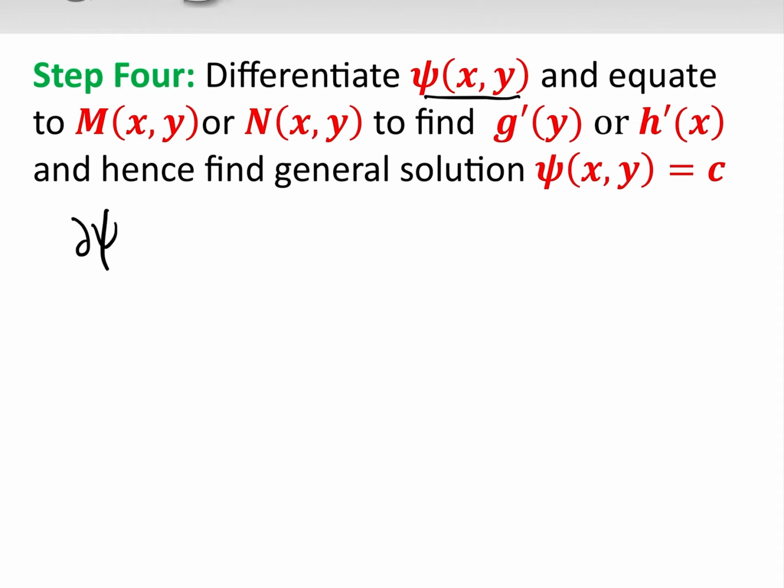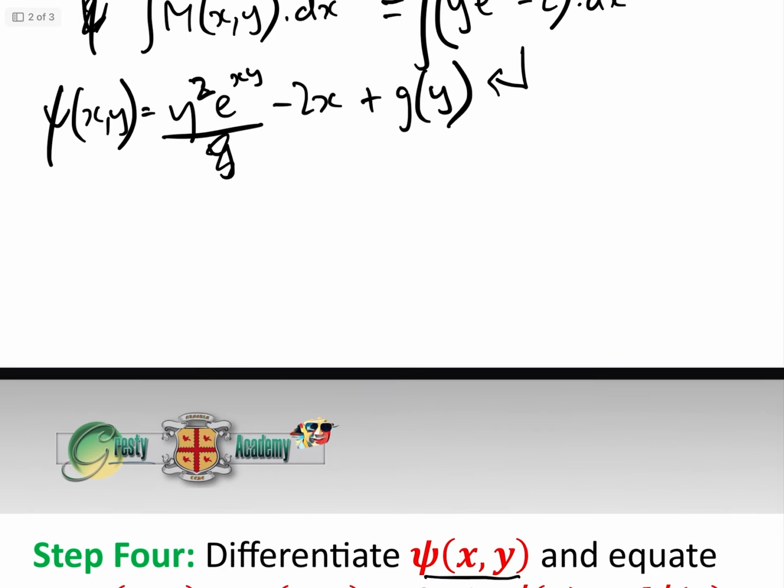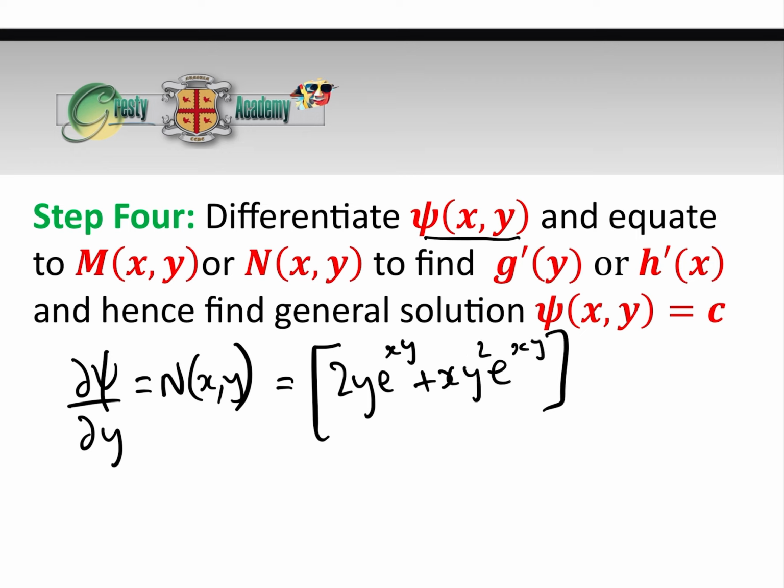Okay, so let's now differentiate psi with respect to y, which we know is going to be equal to n of x, y by definition. What was the thing again? It was y squared e to the xy minus 2x, so let's rewrite that, so that will equal 2y e to the xy, differentiating it now, add xy squared e to the xy.